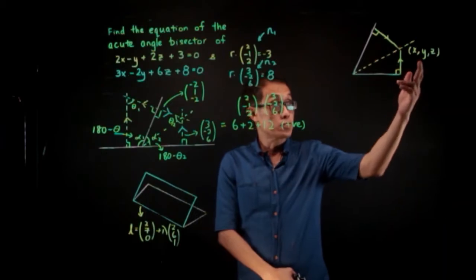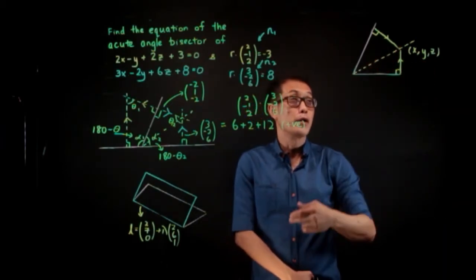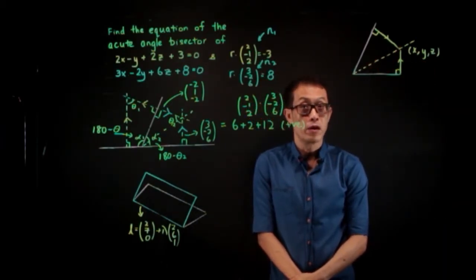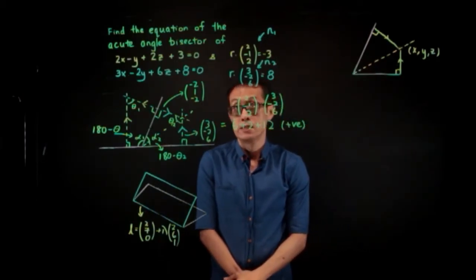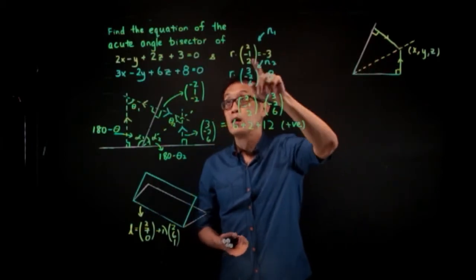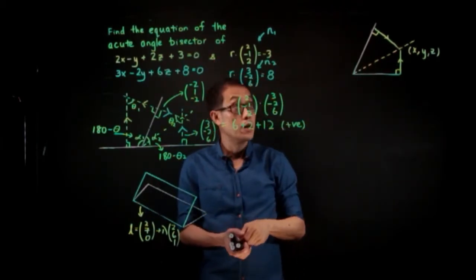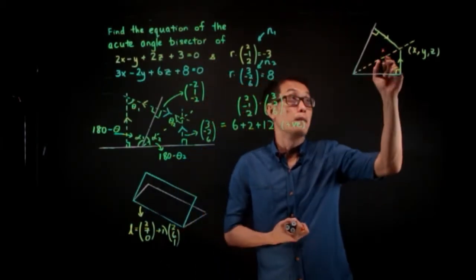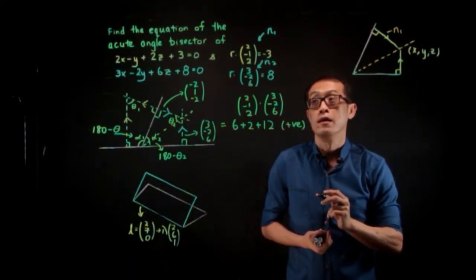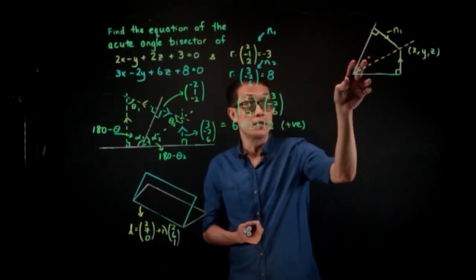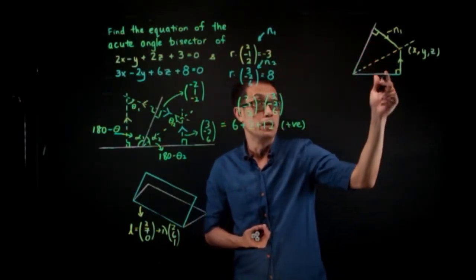Now let (x, y, z) be a point on the plane of the acute angle bisector. Now the normal to the first plane will be minus n1, because we want to make sure the angle is acute, so we will be using this normal.